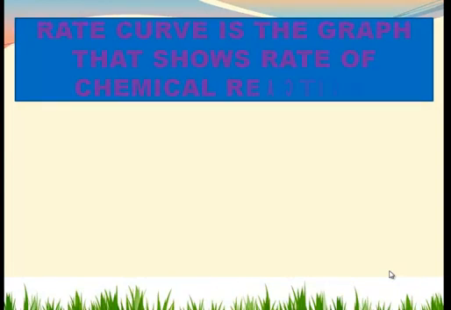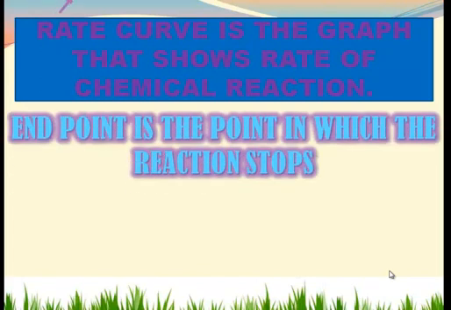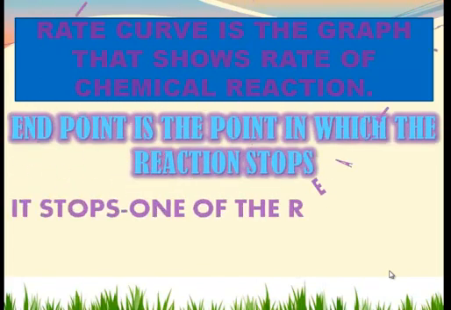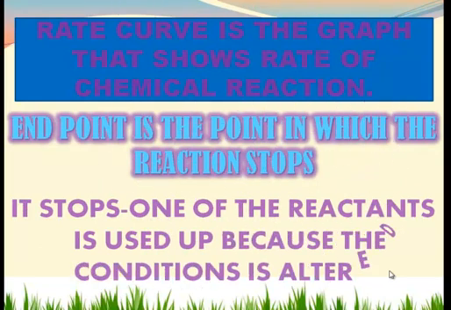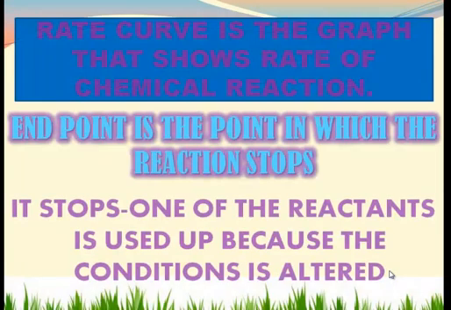Now, if we plot the graph, then we have one that is known as the rate curve. Rate curve is the graph that shows the rate of chemical reaction. And number 2, we have endpoints. Endpoint is the point at which the reaction stops.